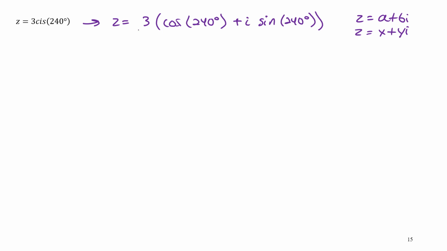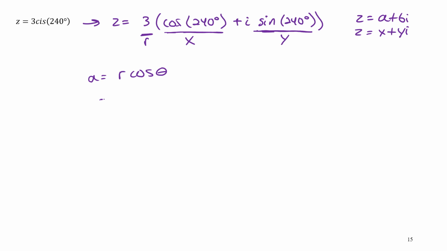We know that out front is our r. We know that the cosine theta is our x, and the sine theta is our y. I'm going to write in terms of a and b again. So a is equal to r cosine theta.